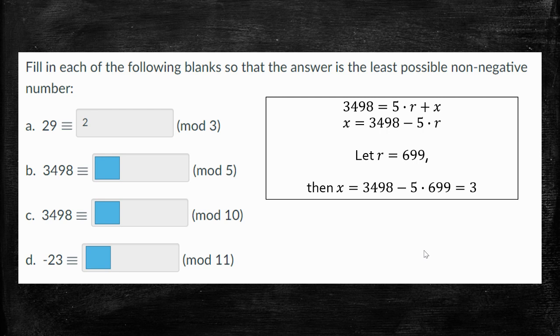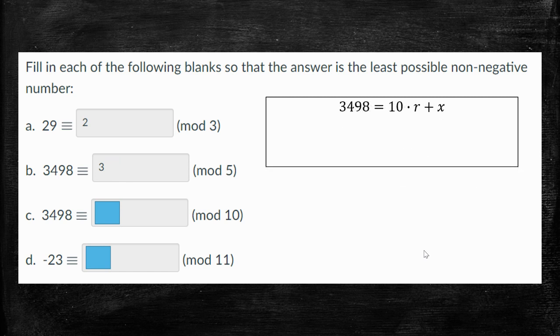So that is the remainder. And so that's our answer. So the number we are looking for is basically the remainder we get when we divide the number by the mod. Let's try the next example.